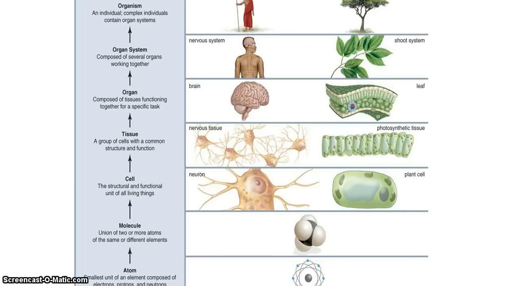We talked about those, and then we spent a lot of time talking about molecules. We started talking about water, and we talked about organic macromolecules. A molecule, in case you need help remembering, is the union of two or more atoms of the same or different element. So we had H2O, 2 hydrogens, 1 oxygen.